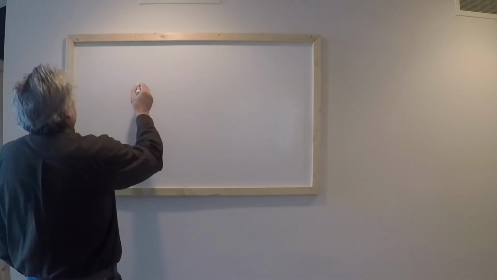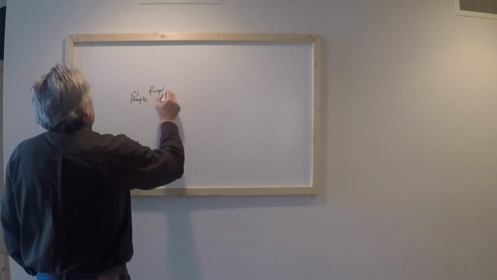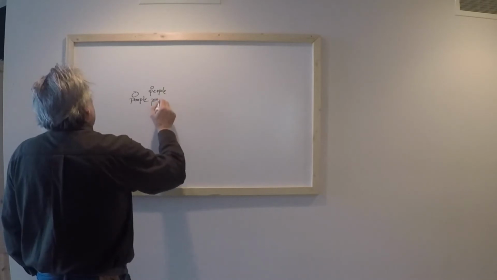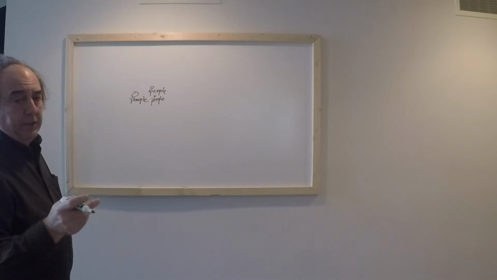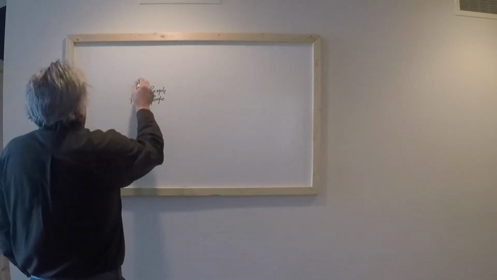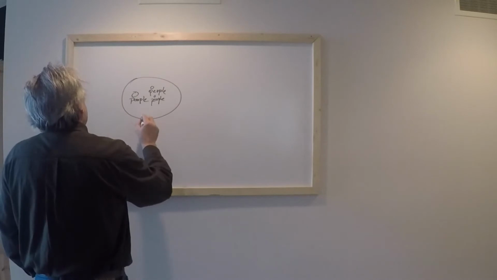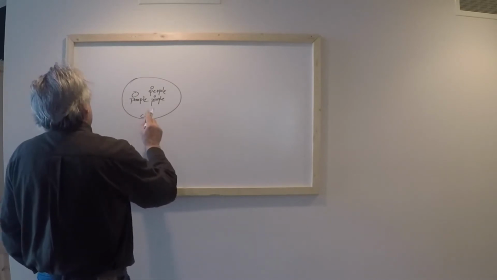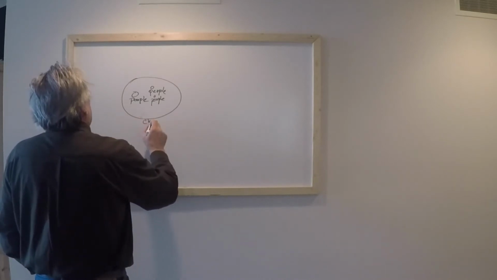So there's people, and there's another people. And if I had time, I could draw 29 of these and put a circle around them and call them a class. If I'm being consistent here, I guess I would put my label on the outside.